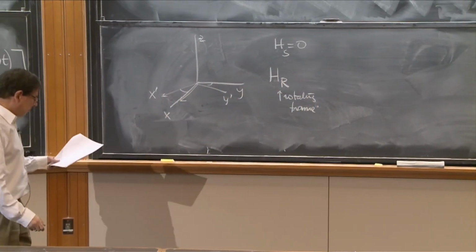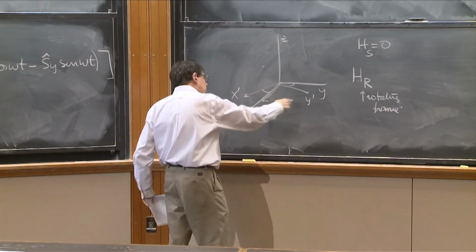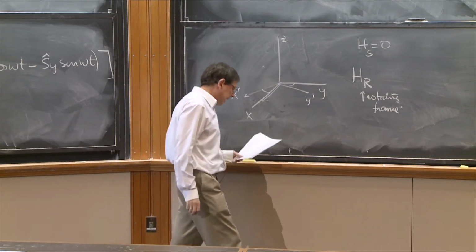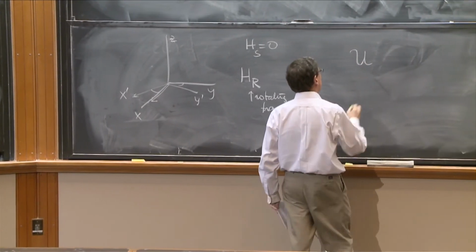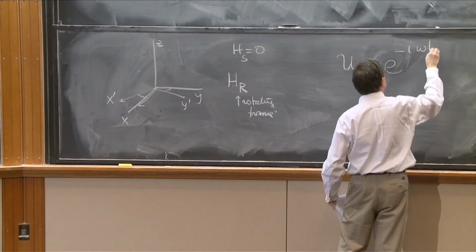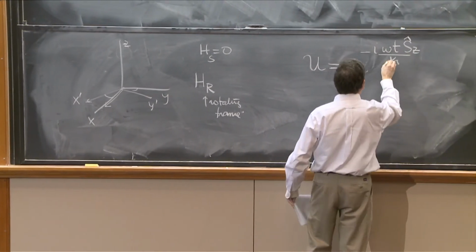And in the rotating frame, the Hamiltonian should be such that it rotates the spins with angular velocity omega around the z-axis. You may recall that this is done by the unitary operator e to the minus i omega t Sz hat over h bar.